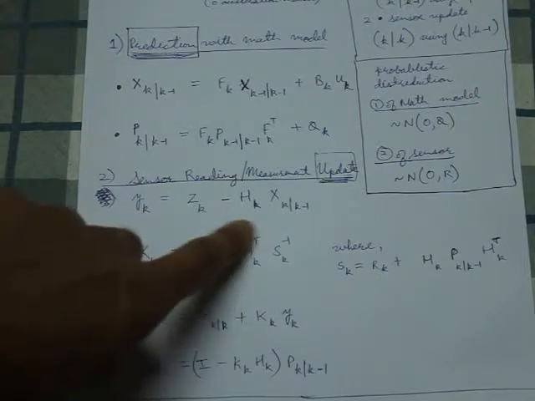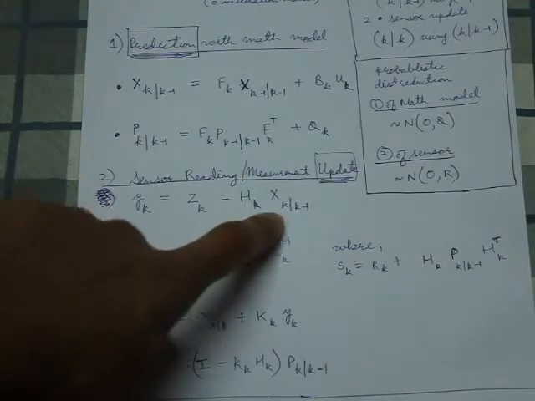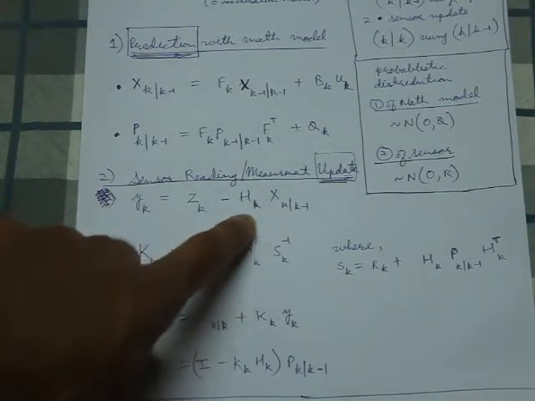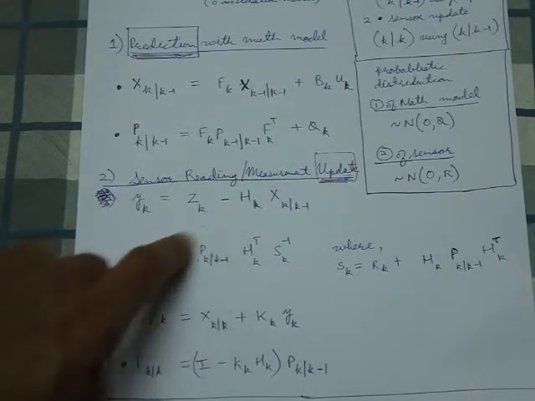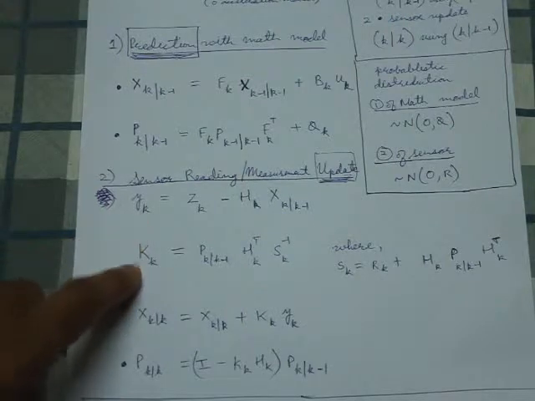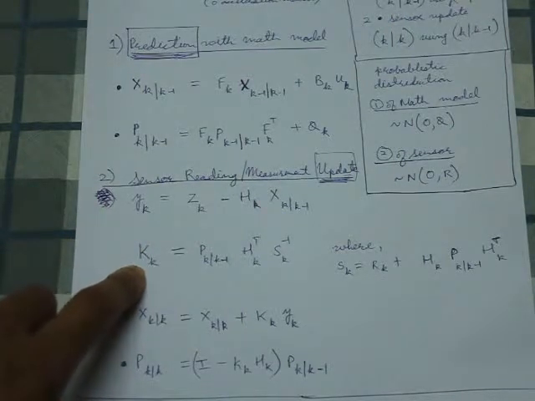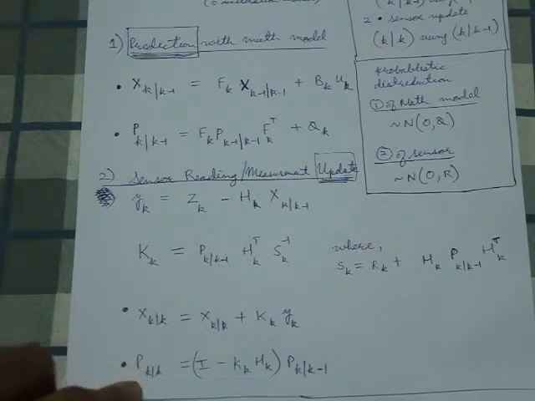So what we're doing here is we find the error between the actual sensor reading and the predicted state from our mathematical model. Using this error and using the Kalman filter matrix, we then calculate our next state and our next time step probability distribution.